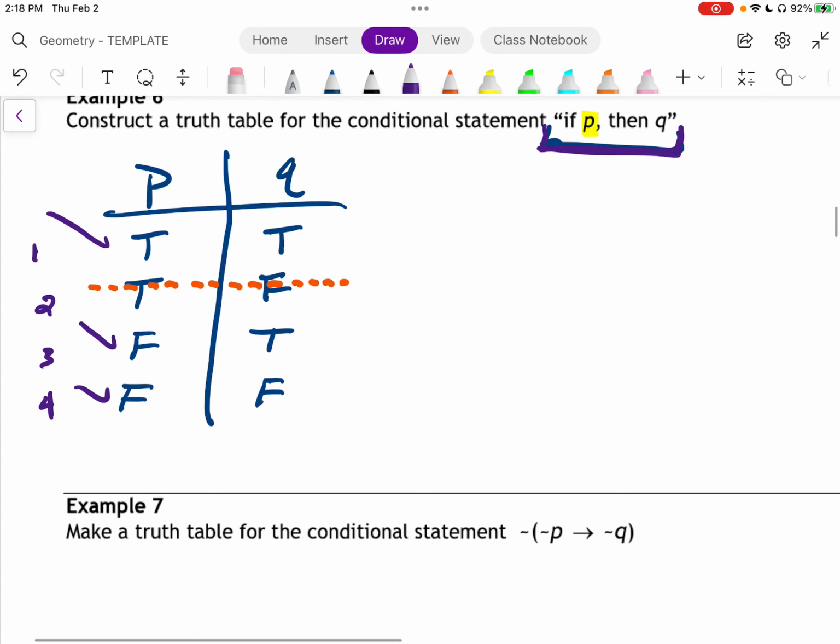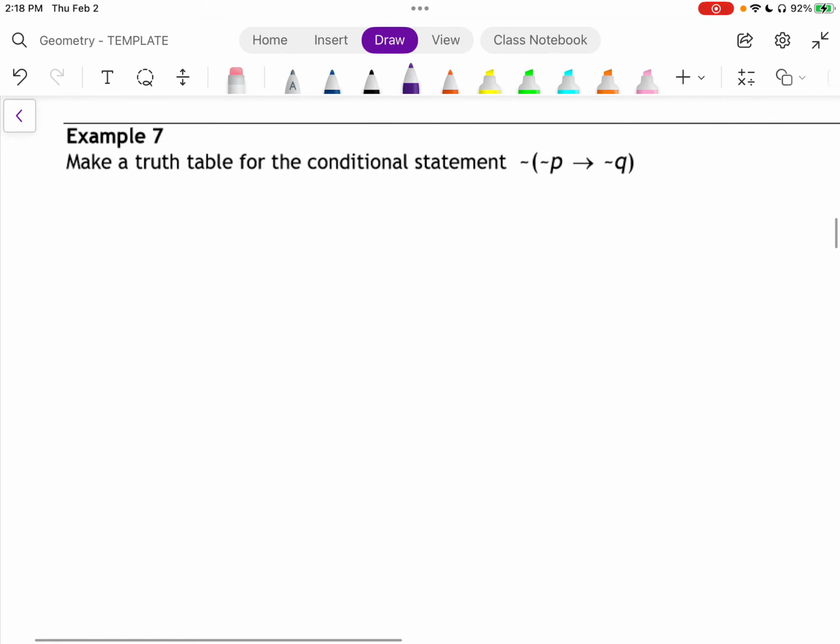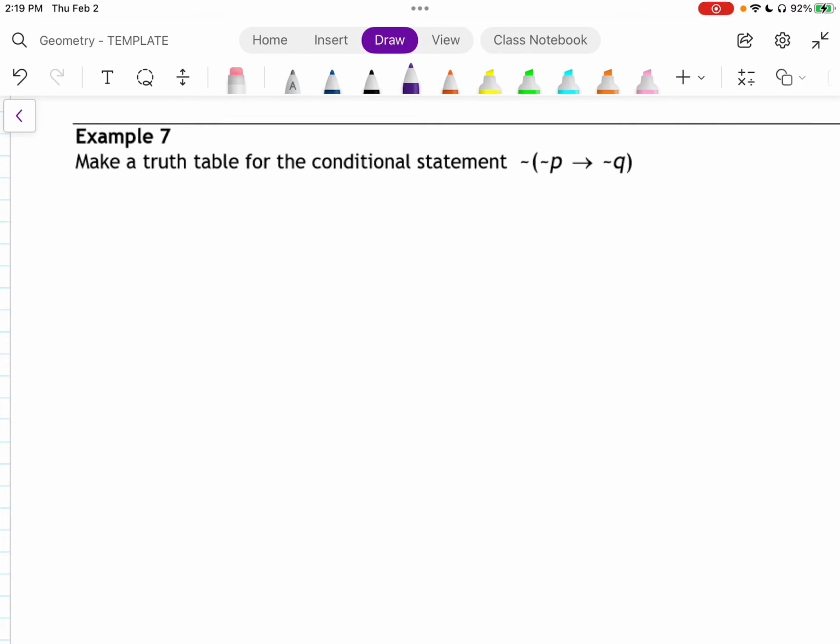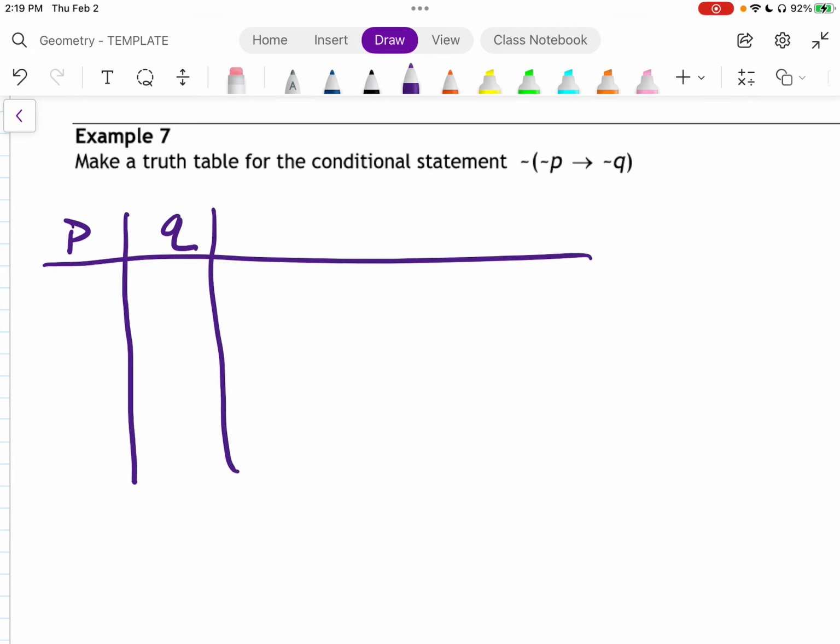So that's that. Next up, we want to think about this one, and this one's going to be a much longer truth table. We're going to start off as before with P and Q, but then we want to work our way all the way over to this thing here, and we don't want to do too much jumping around in the middle.